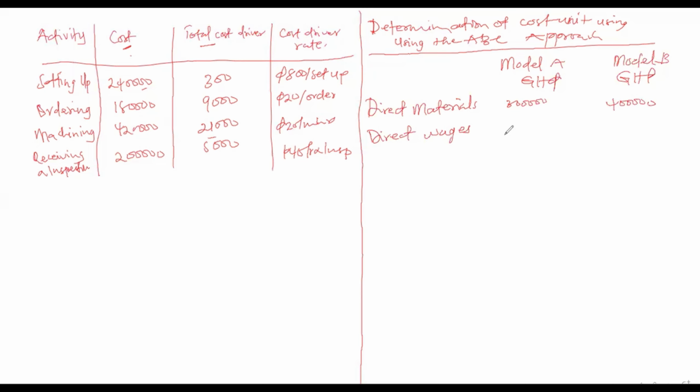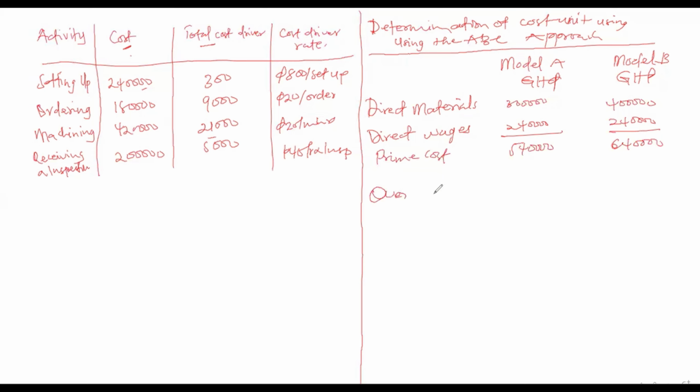Direct wages is 240,000. So when we add this, we get 540,000. And this, we get 640,000. So that is our prime costs. It is the same, nothing changes for the prime cost. Now let's come to our overheads.